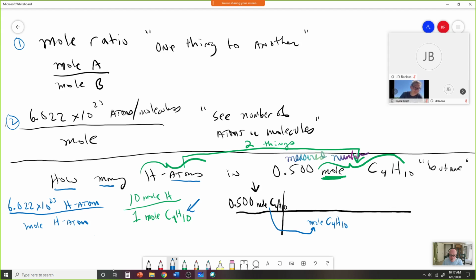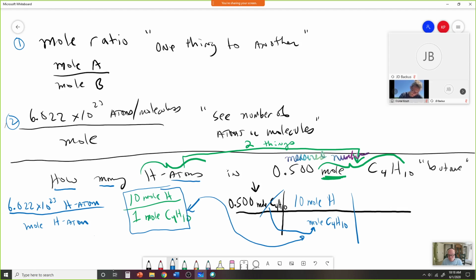So this whole thing right here, because it matches, you see, needs to go over there. Now, it looks like since mole C4H10 is already on the bottom, I don't have to do anything to it. I don't have to flip it, but don't ever be afraid to flip it over. And so I go ahead and put it over here, and I say 10 mole H. And there it is. Okay?